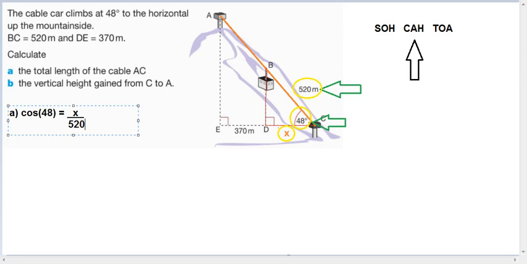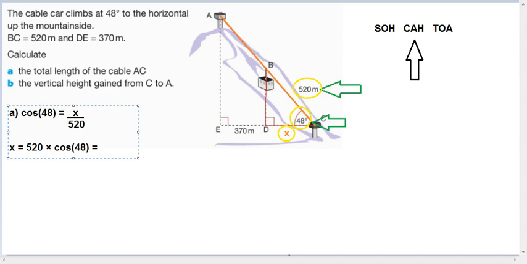So X is going to be equal to 520 times the cosine of 48. Remember that cosine of 48 is nothing more than a number that you get from your calculator.